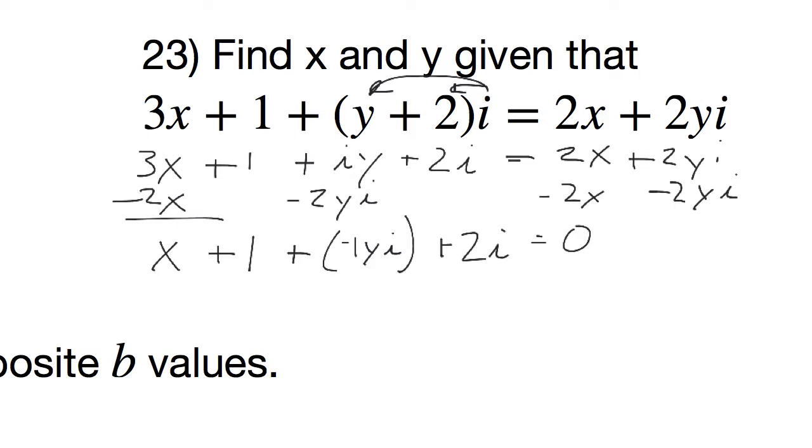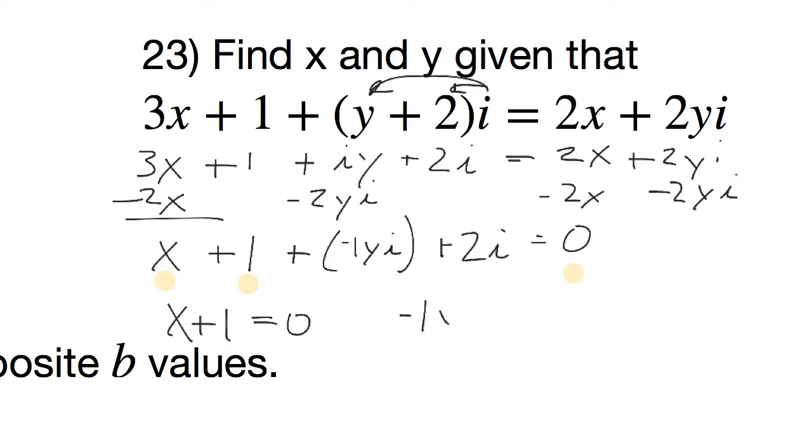If that's all going to be true, then you can separate it out into the real components and the imaginary components. If all this has got to cancel, then the real part we can separate into its own equation. We could say that x plus 1 should equal 0. And then the imaginary part should also equal 0.